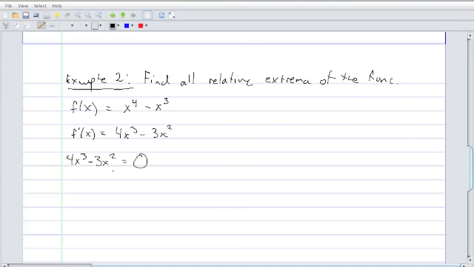So if we solve for x here, notice we can factor out an x squared from both of these terms. So you can write this as x squared times 4x minus 3. Okay. So this tells us that when x is 0, or if x is 3 over 4, either of these two numbers will make f prime 0.